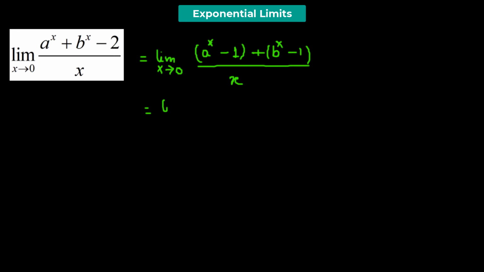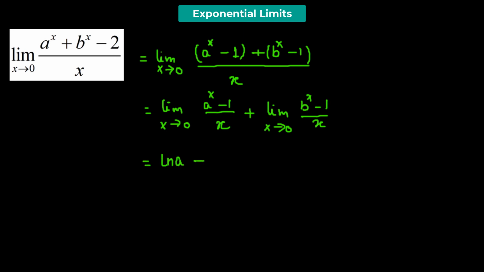So that will be the limit x approaching 0 of (a raised to the power of x minus 1) divided by x plus the limit x approaching 0 of (b raised to the power of x minus 1) divided by x. So we have the natural log of a plus the natural log of b, which will be simply the natural log of the product of a and b.